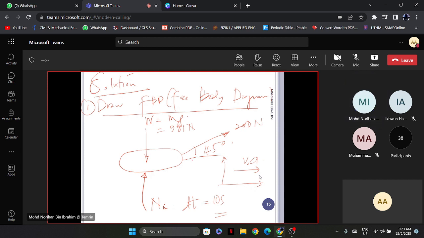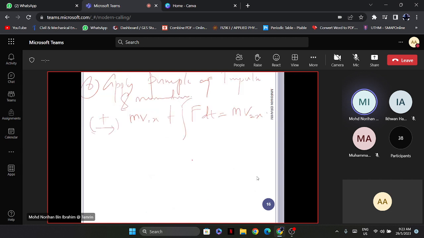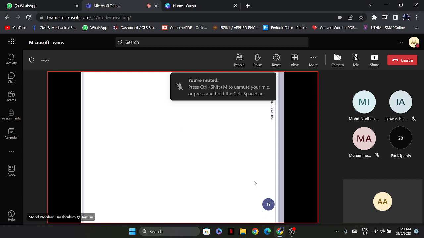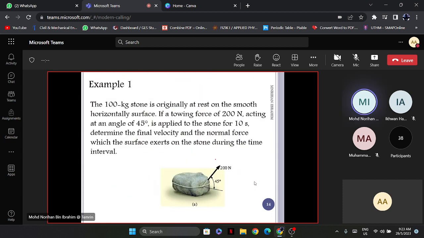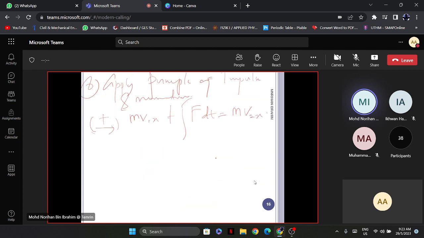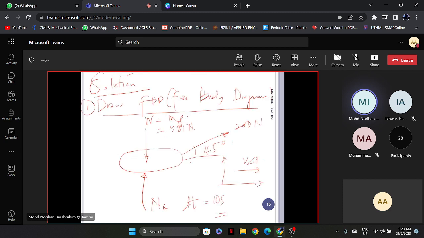What you need to do is just substitute into these equations. For mv1x, we stated that it starts from rest. Mass is 100 kilo, v1x is equal to 0, plus F, the impulsive force in the x direction.